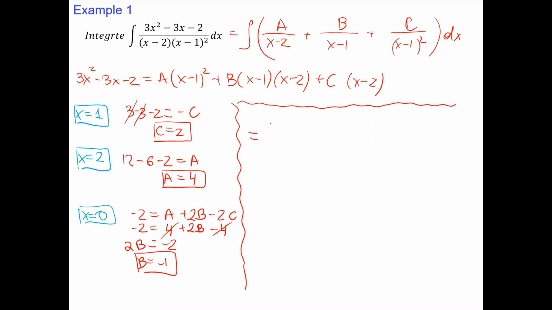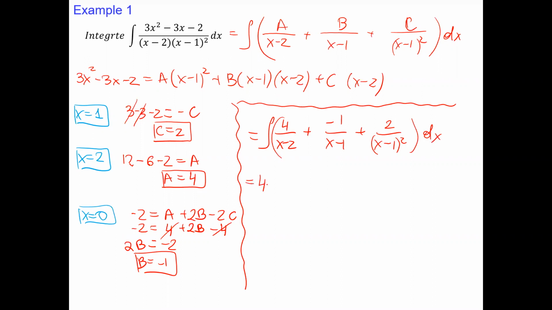Okay, let's see what we have. We have the integral of 4 over x minus 2, B is negative 1 over x minus 1, and C is 2 over x minus 1 squared. Okay, now let's integrate.